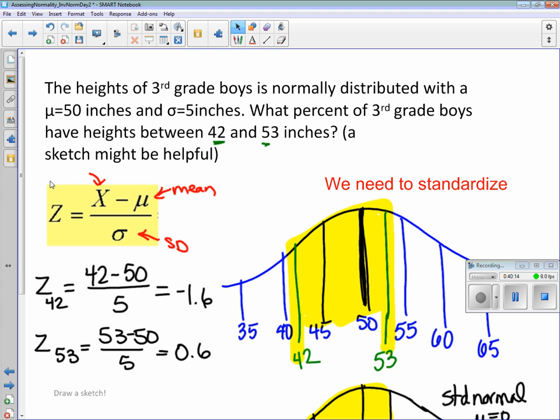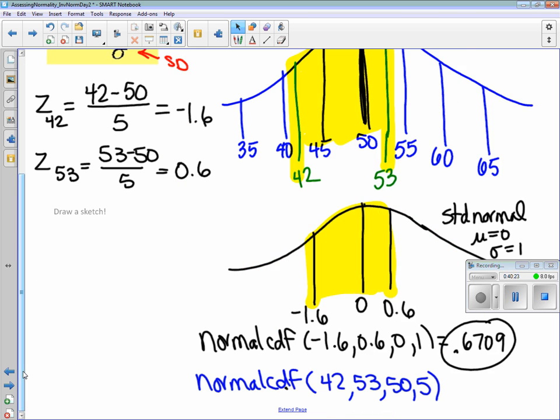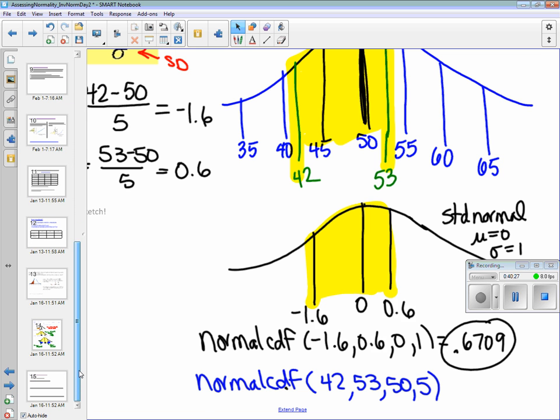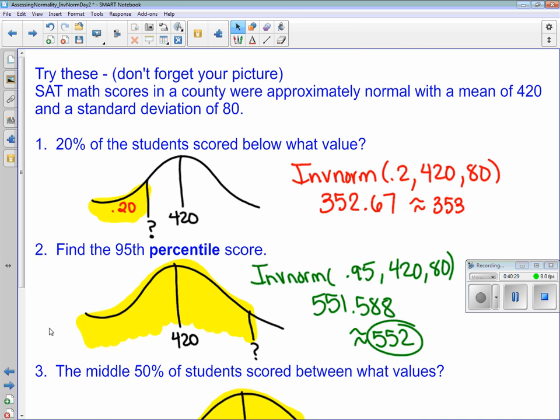If you're looking for the percent or the probability, both are okay to ask, I'm going to use normal CDF. If I'm given the percent, like I was down here in this case, and I want to find the value that's associated, that's when you're going backwards and you're doing the inverse norm. Okay? That should help you quite a bit on your packet.